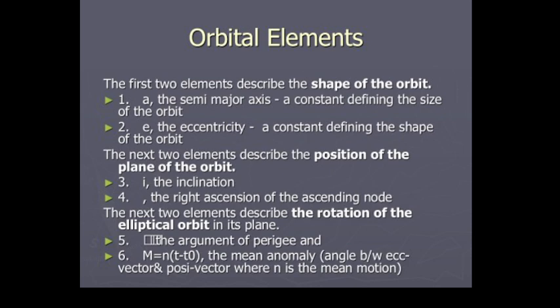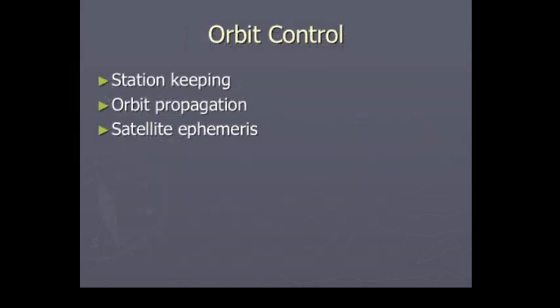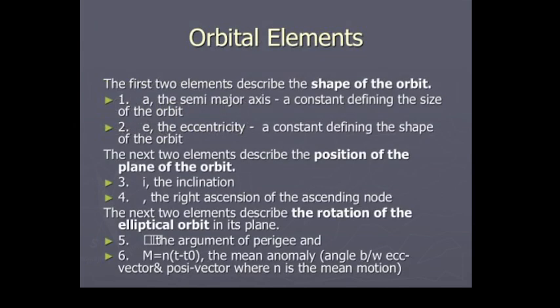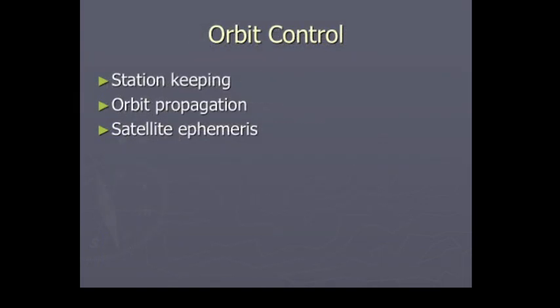The next thing is orbit propagation. Orbit propagation means you are going to propagate the orbit. That means predicting future points, or what the position of the satellite will be in the future. The position of the satellite at a particular time is predicted at t plus 1, t plus 10, t plus 100 seconds.